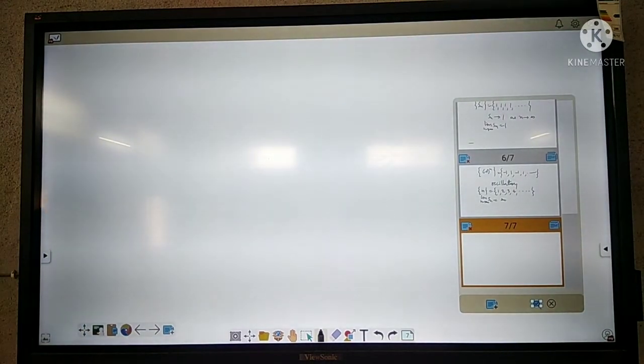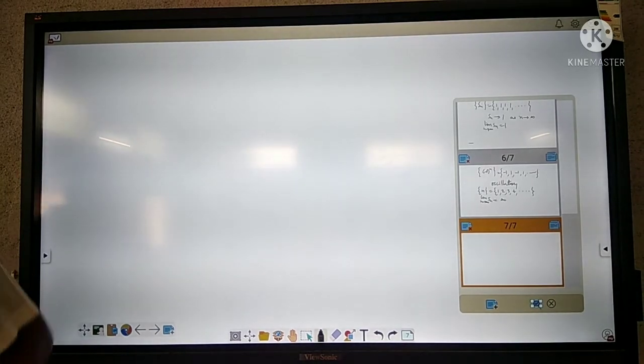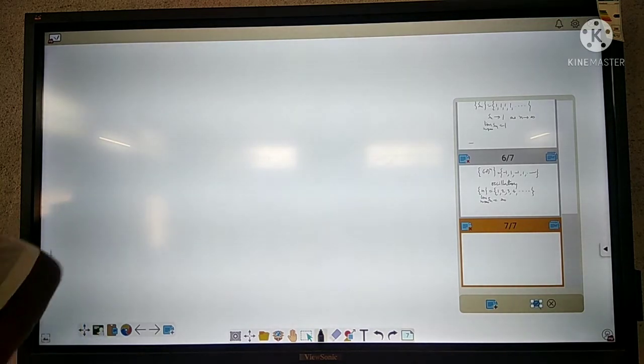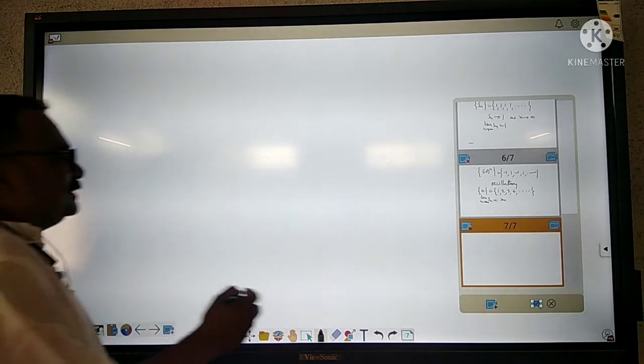So now see, if the sequence Sn is a sequence of non-negative numbers and if the limit of Sn is L, then L is non-negative. No problem, that is simple.